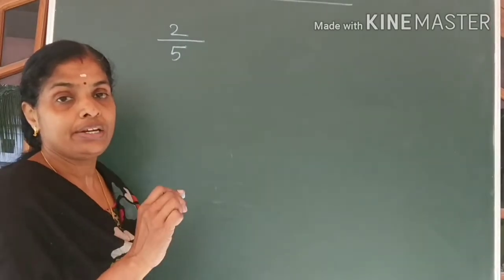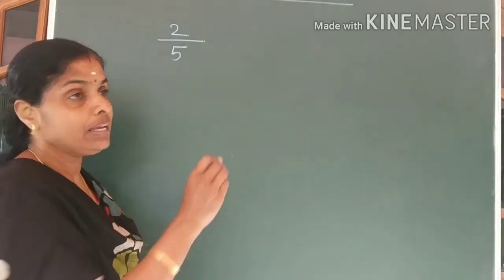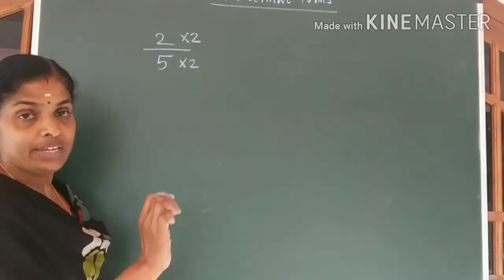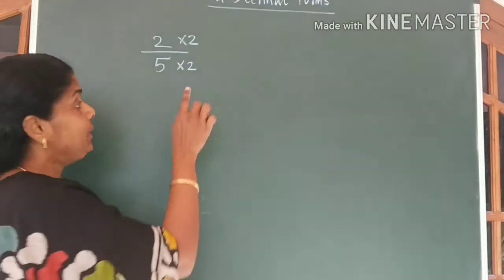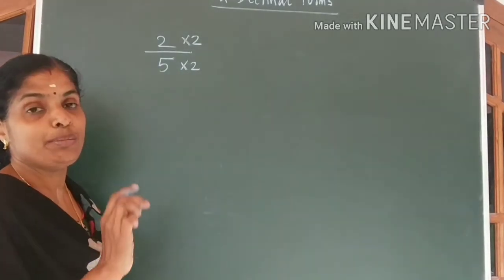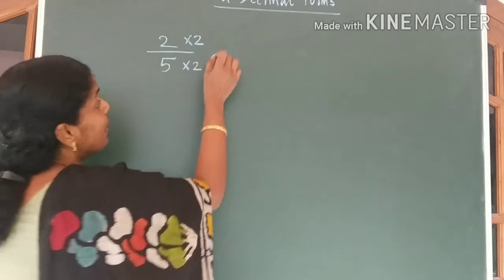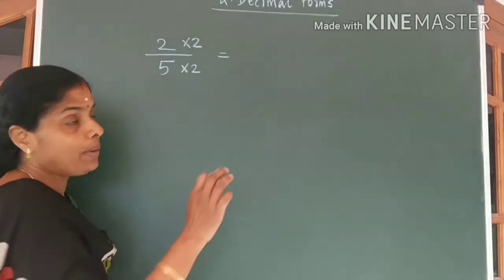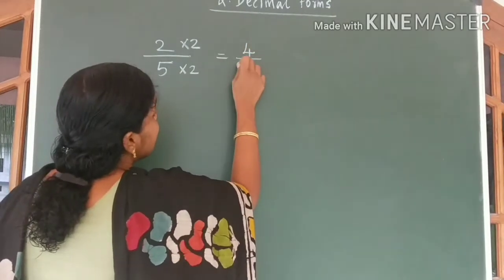So what can we do? By multiplying it with 2, we will get a power of 10. We cannot just multiply the denominator alone. So we are multiplying the numerator also by 2. So what do you get here? 2 by 5 is equivalent to 4 by 10.